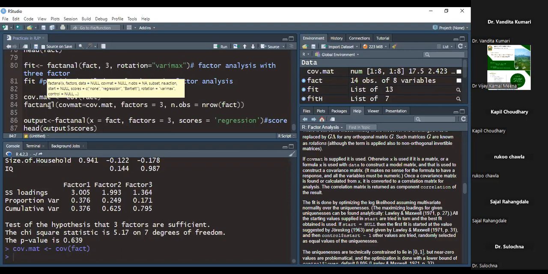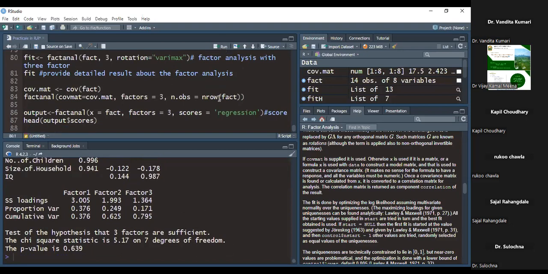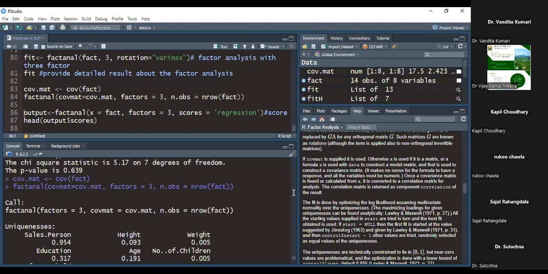The function that we are going to use is factanal, with covmat equal to cov.mat, which is the matrix of covariance that we have named, 3 factors, and the number of observations is the number of rows available in the original variable fact. So here we find that we obtained a similar result. The result is the same whether we have the original data set or only the covariance matrix.